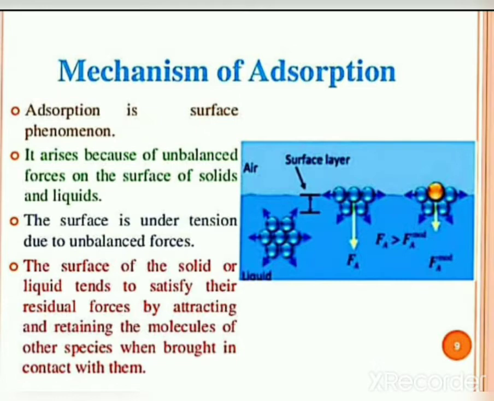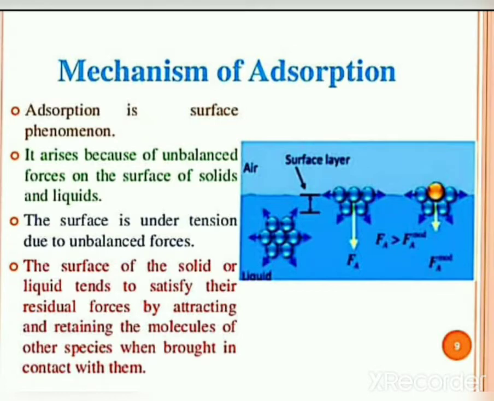Before explaining the mechanism of adsorption, I'll give you two examples of adsorption. Consider oxygen taken in a closed vessel containing powdered charcoal. The pressure of the gas is found to decrease. This is because oxygen gets adsorbed on the surface of the charcoal. Here oxygen is the adsorbate and charcoal is the adsorbent.